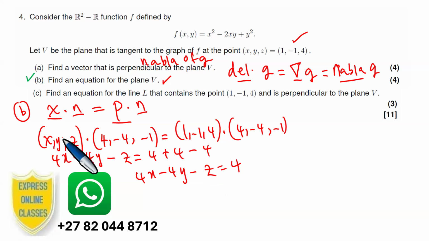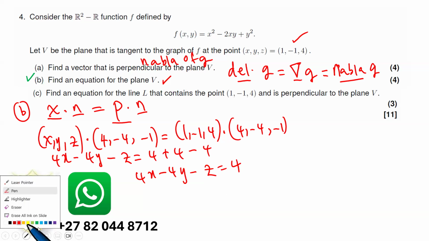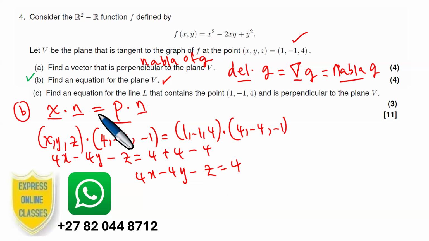So to find the equation of a plane, we use this formula, x dot n equals p dot n. Vector x dot vector n, which is the normal vector. So we note that this n is called the normal vector.